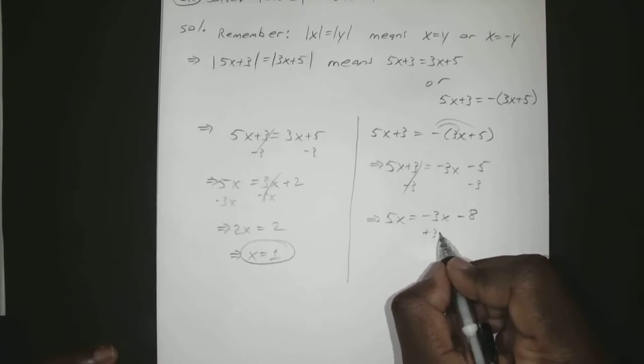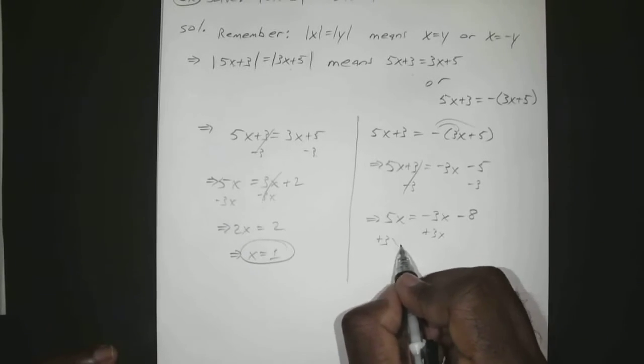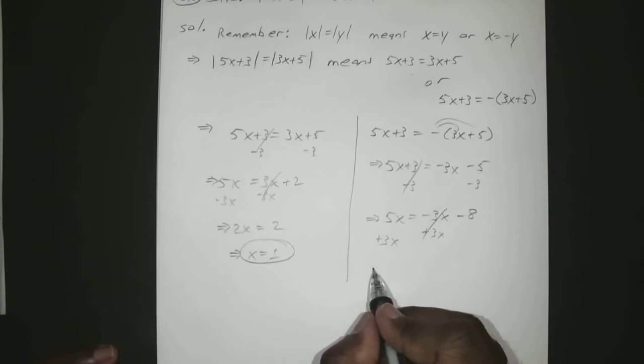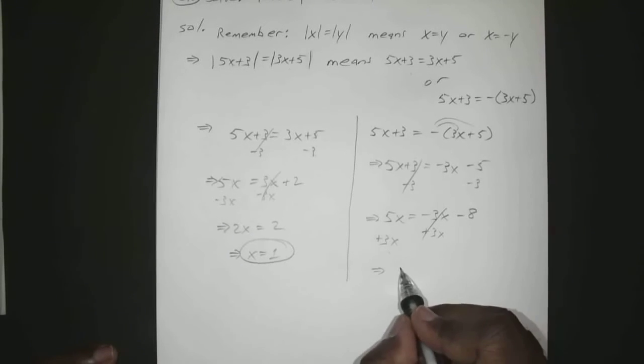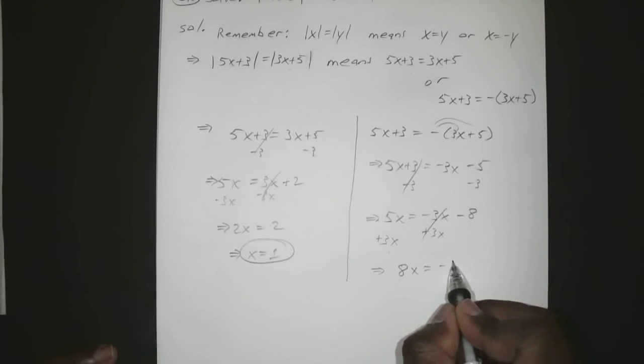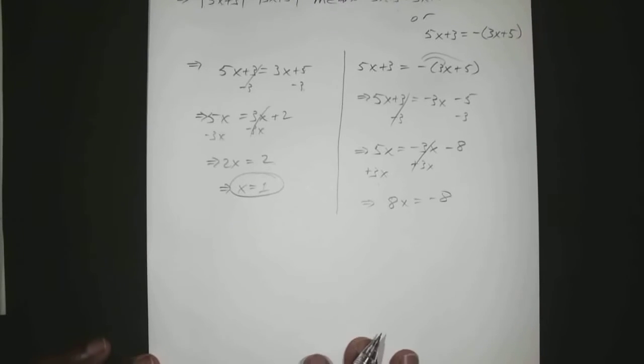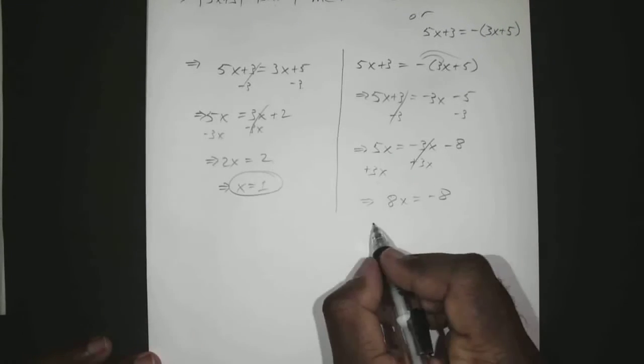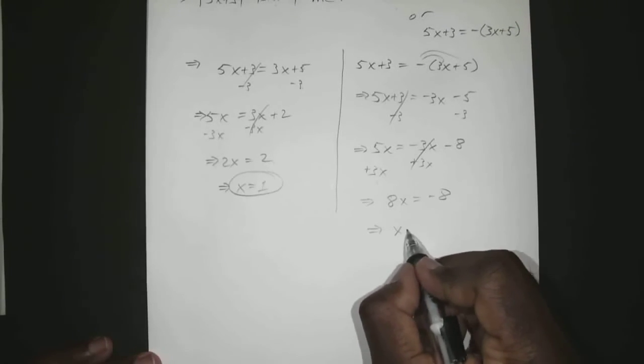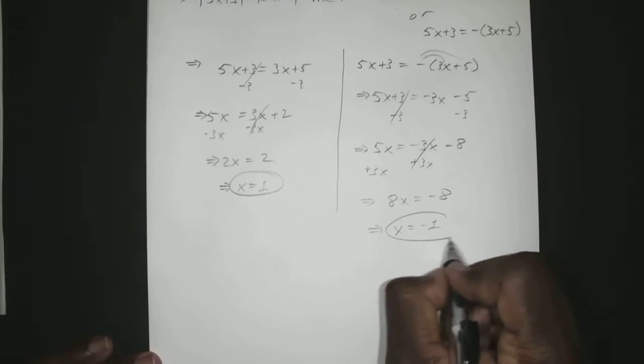If we add 3x to both sides, we have 8x equals negative 8. So dividing both sides by 8, you get x equals negative 1.